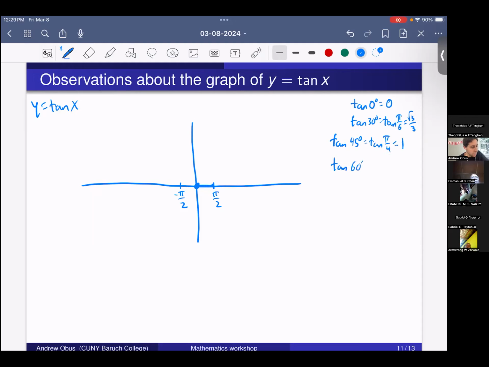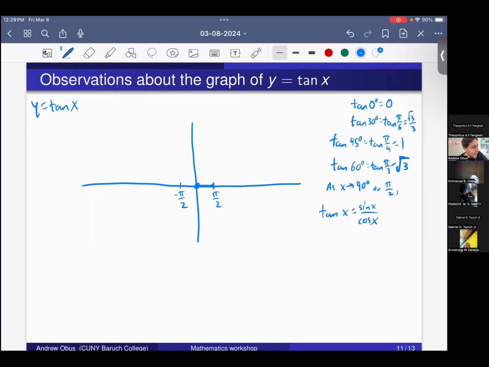And tangent of 60 degrees, which was tangent of pi over 3, was equal to square root of 3. That's a little bigger. And what happens as x goes to 90 degrees or pi over 2? The tangent of x is equal to sine of x over cosine of x.